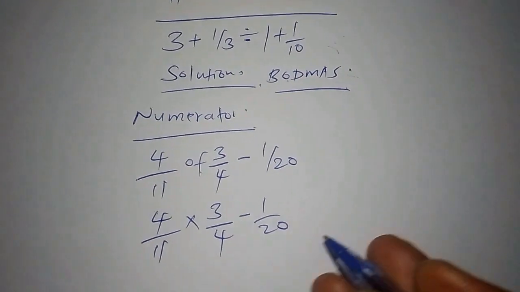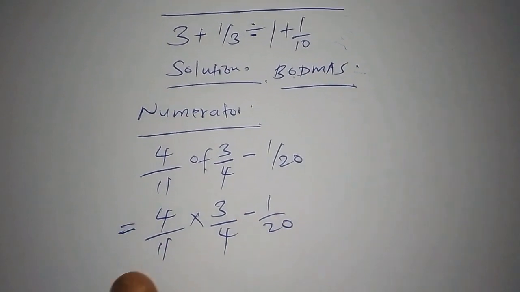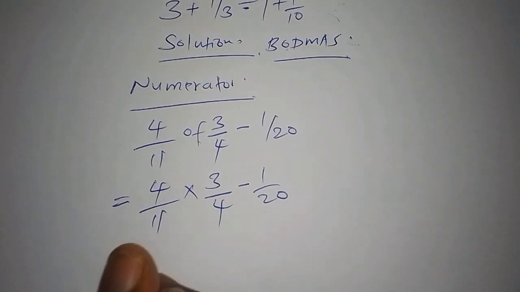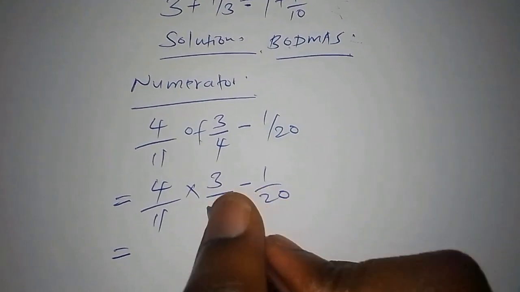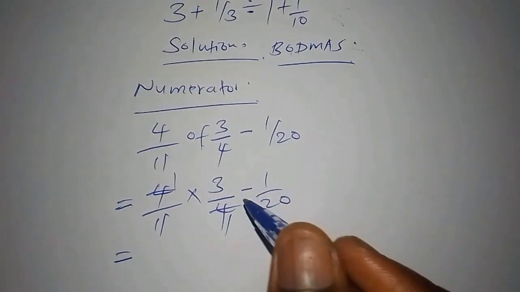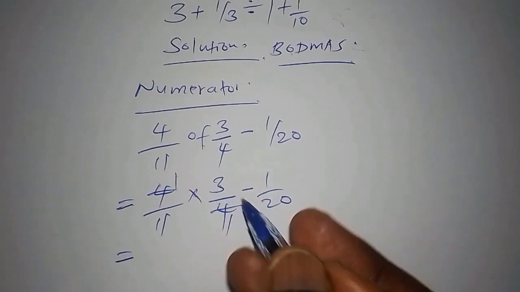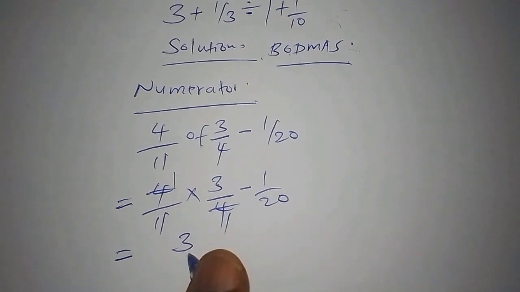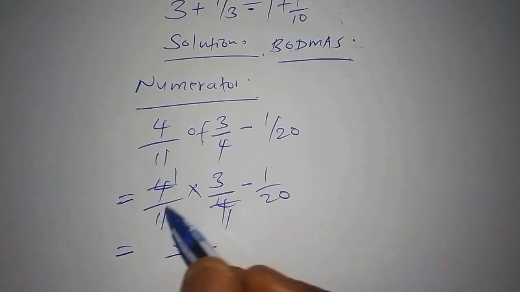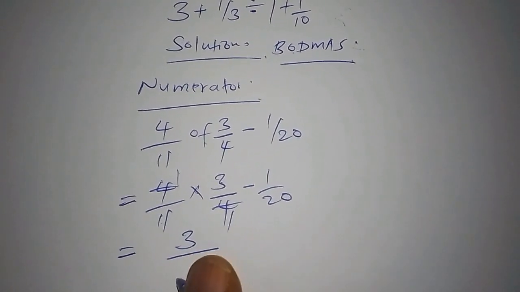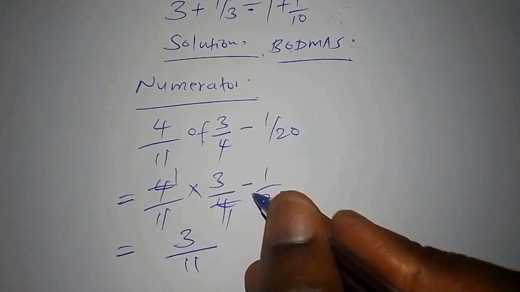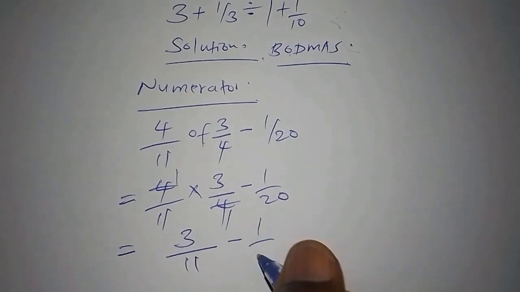When you work out this problem, 4 here once, 4 here once, then we have 1 multiplied by 3. So we write 3 out of 11 here. 11 multiplied by 1 is 11. We put it there, subtract from 1 out of 20.